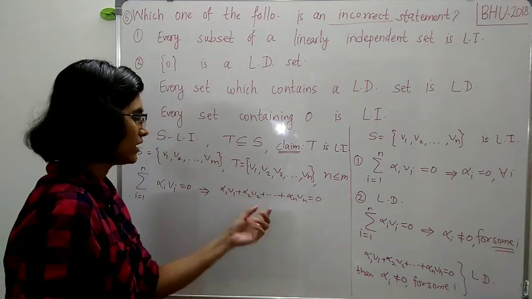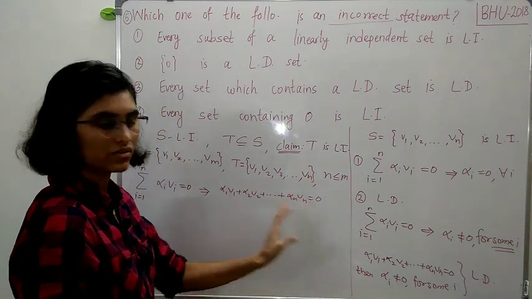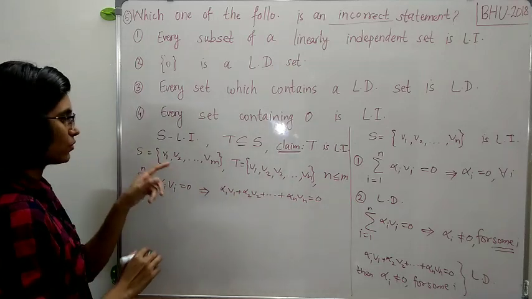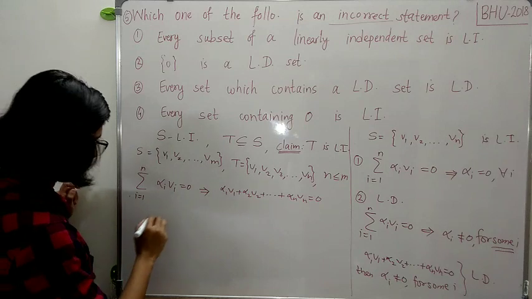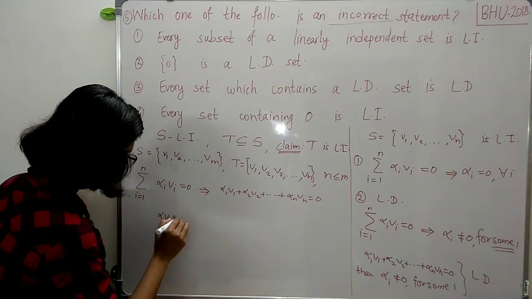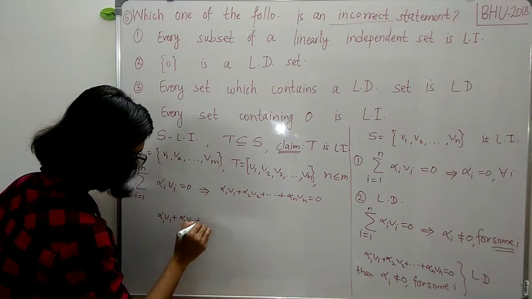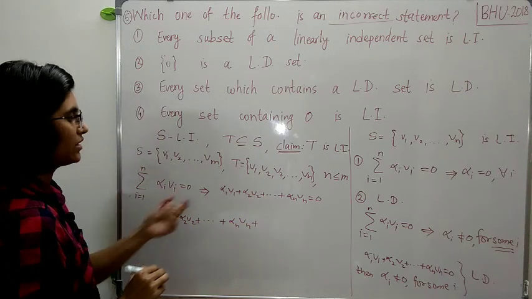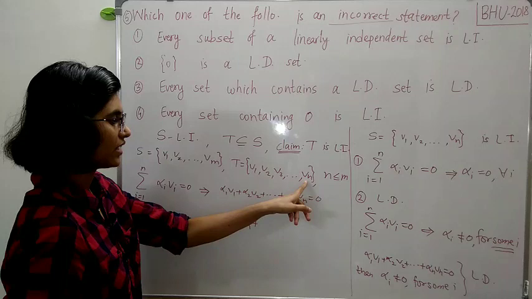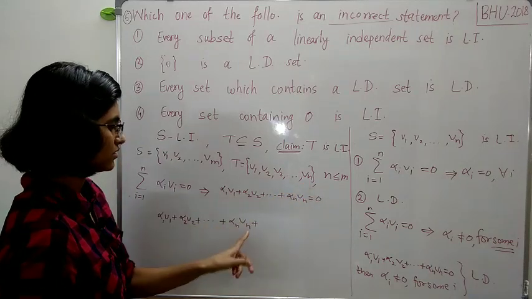Now we have to show that all these alpha i's, all the scalars, are 0. So now just look at this. We can write this linear combination as alpha 1 v1 plus alpha 2 v2 and so on, plus alpha n vn, plus, now up to this n it is over.